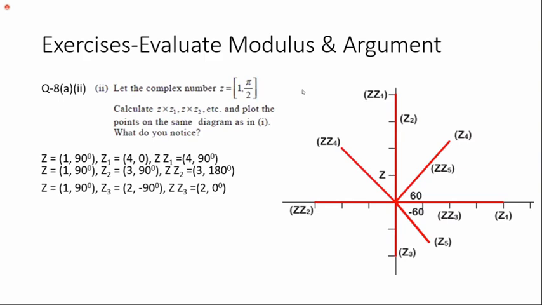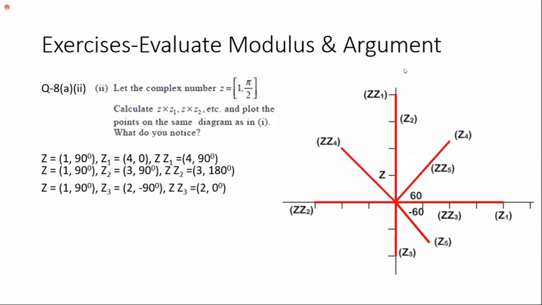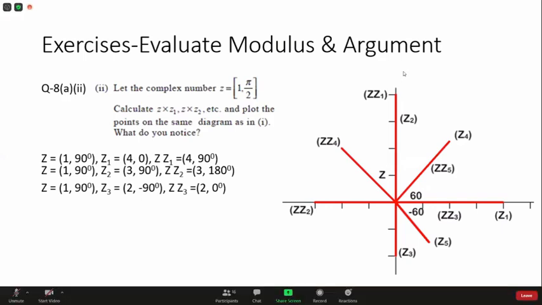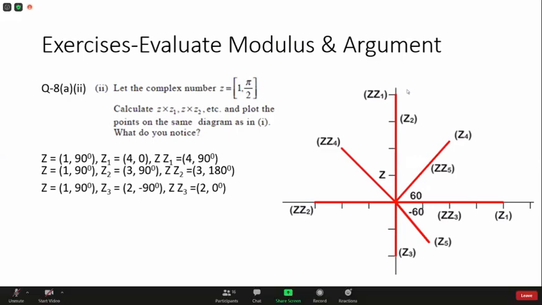Actually this complex number Z means j. In Cartesian form that is j. So when you multiply any complex number by j, each complex number rotates 90 degrees to the left-hand side. That's what it shows.